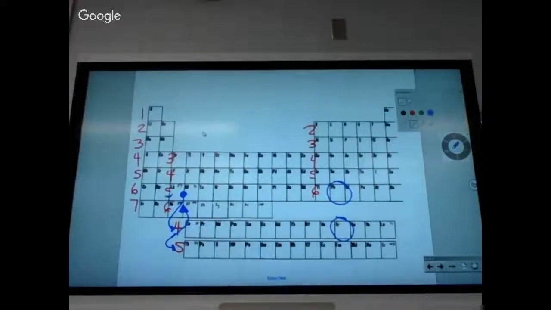Both of those include that bottom row, don't they?